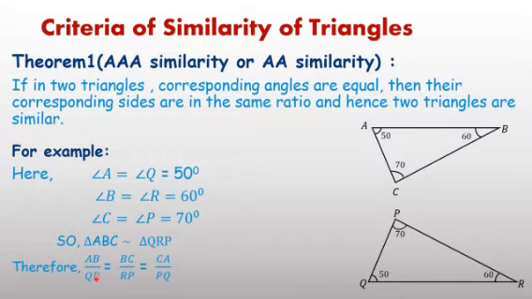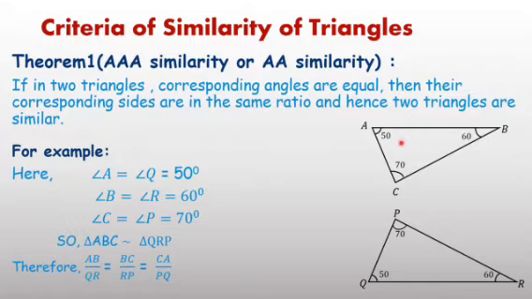AB upon QR equal to BC, second third point taken, BC upon RP, means corresponding side to BC in second triangle is RP. Now third, CA, means third and first point taken. Therefore in second triangle again we will write from third to first, means PQ, CA upon PQ. If triangle with symbol in proper order you are writing, then easily you can write corresponding sides are in the same ratio. Or second option, from figure also you can write.